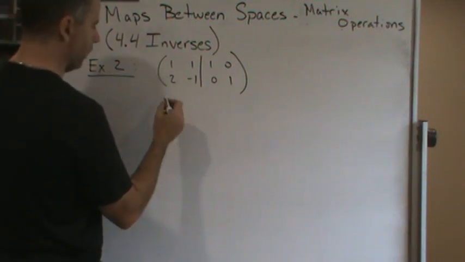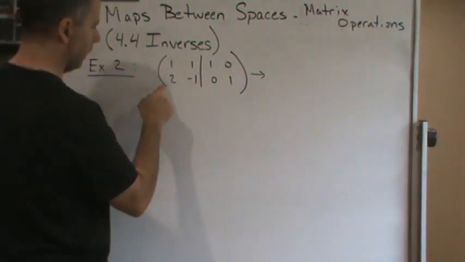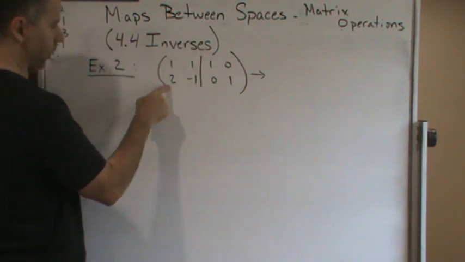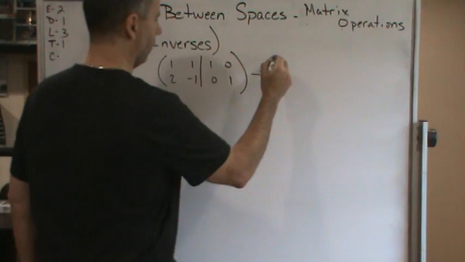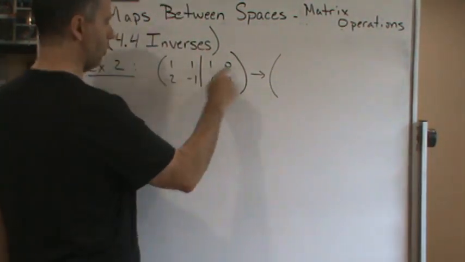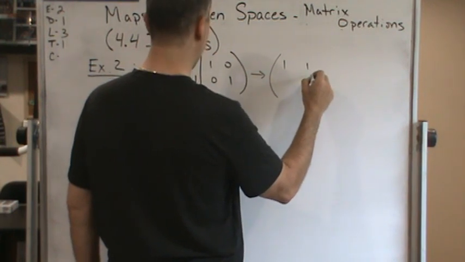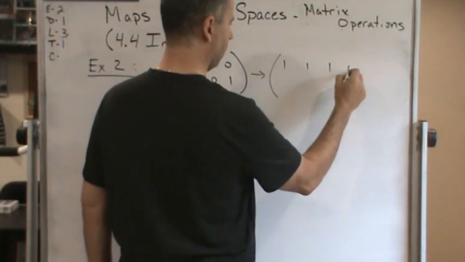Okay, so first thing we're going to do is take -2 times this row plus this row. So again, this whole row is going to stay the same. So it's going to be 1, 1, 1, 0.